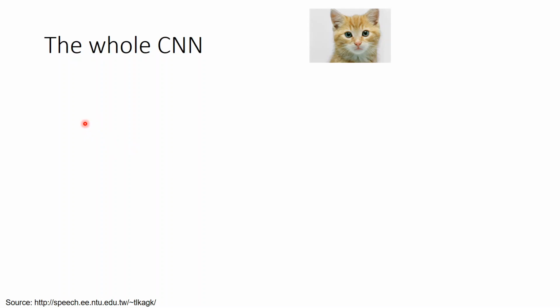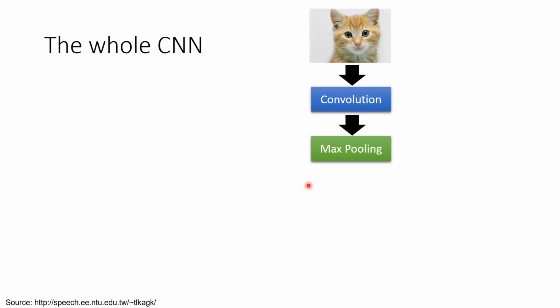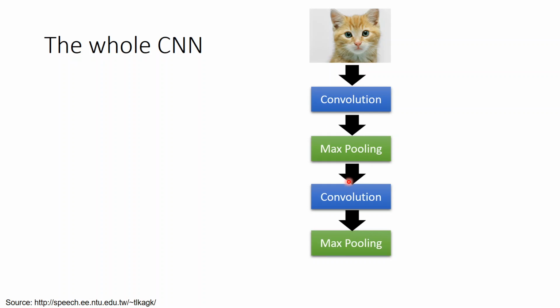Okay. If we look at the steps in the whole CNN, we see the figure goes to the convolution, and then it does the max pooling, and this is one round. Then it does the next round again, like convolution, max pool, and convolution, max pool, and this can be repeated many times.